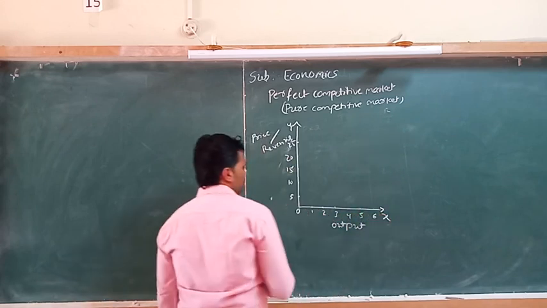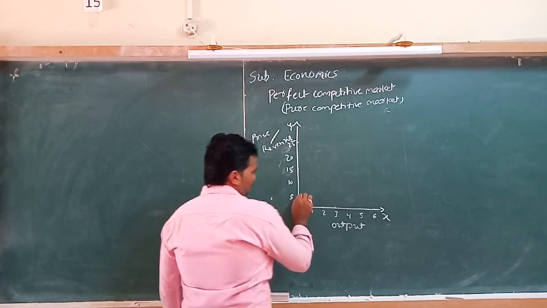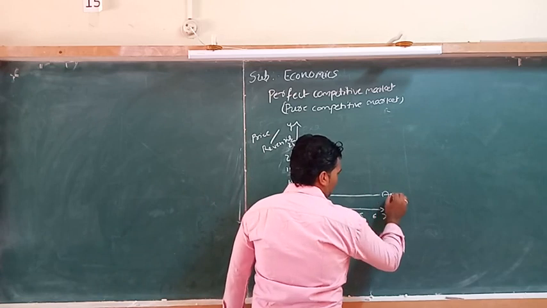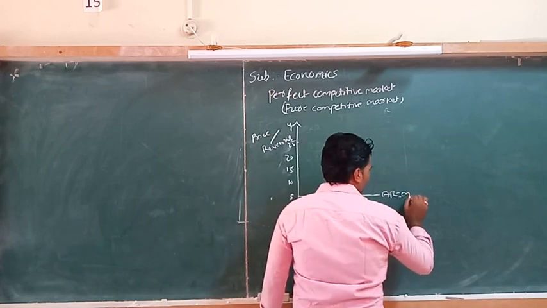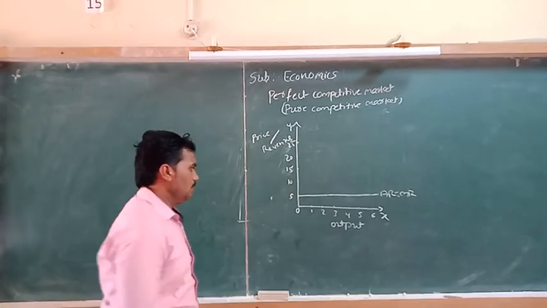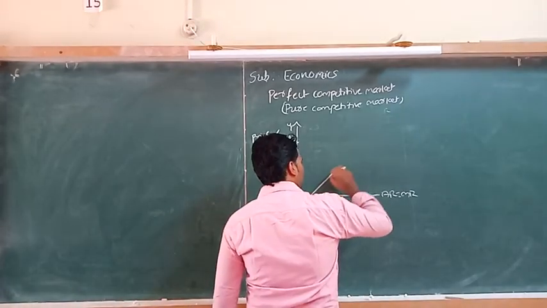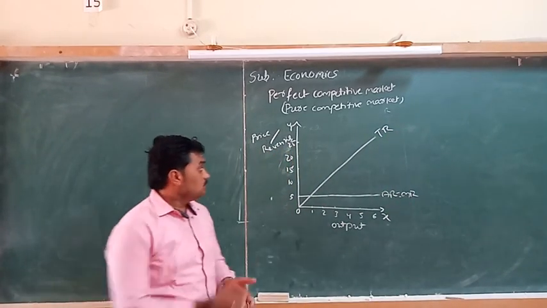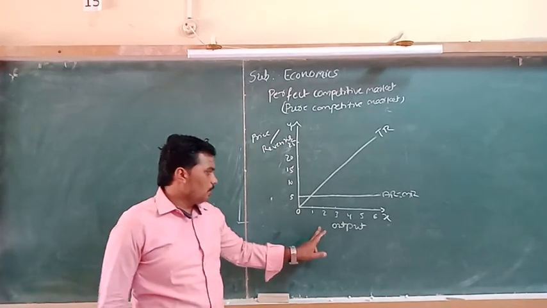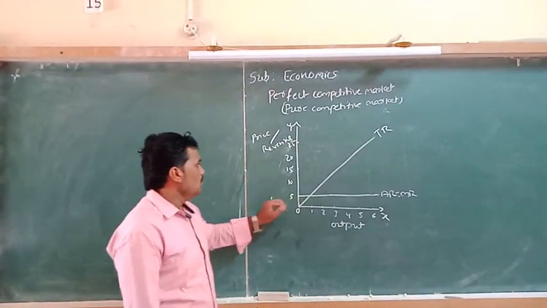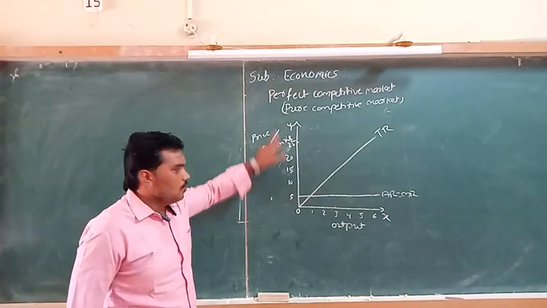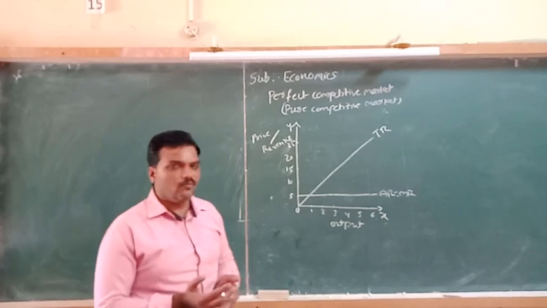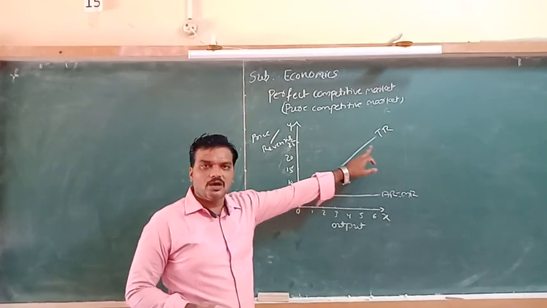In the diagram, observe that average revenue is equal to marginal revenue. And the total revenue curve increases. In the above diagram, we plot output on the x-axis and price and revenue on the y-axis. As the level of output increases, the total revenue curve slopes upwards.